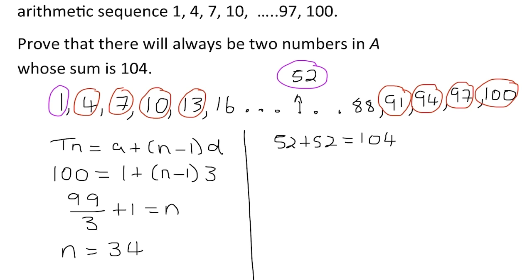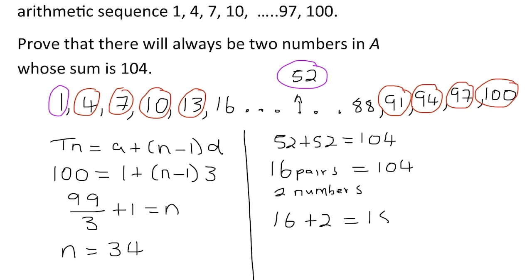Now, there are 16 pairs of numbers in this sequence which will give us the sum of 104, and there are 2 numbers that can't be paired with anything. Okay, so assume that we take one number from each pair, then we would have 16 numbers plus these 2, then we would have 18 numbers from the sequence.